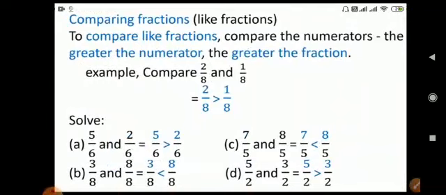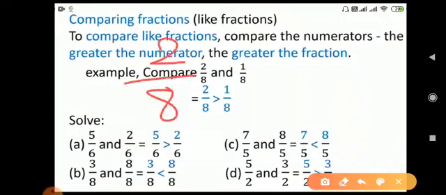Comparing fractions, like fractions. To compare like fractions, compare the numerators. The greater the numerator, the greater the fraction. Means here we are comparing two like fractions. Suppose 2 upon 8 and 1 upon 8 are given. Now we have to compare, means we have to show which fraction is bigger than the other.